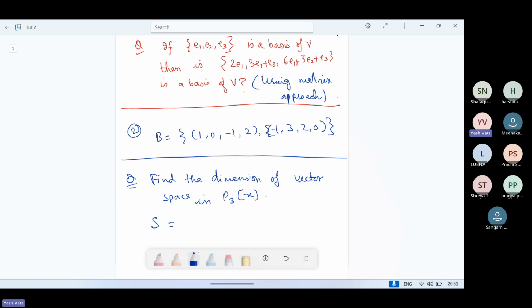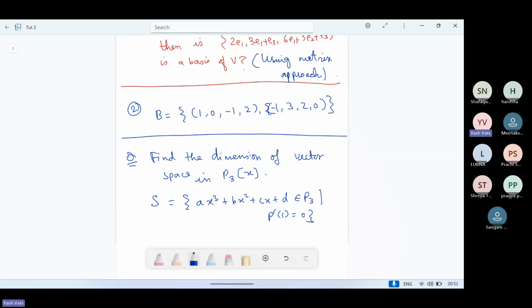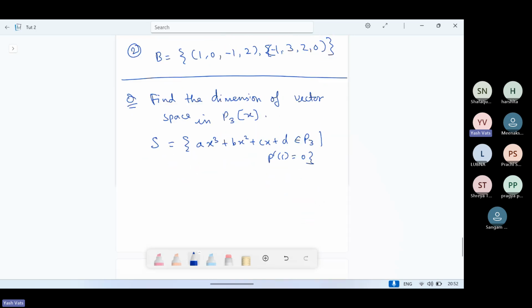S is given by ax cube plus bx square. So what's the dimension of this? I will write the question and you will tell me what's the dimension.